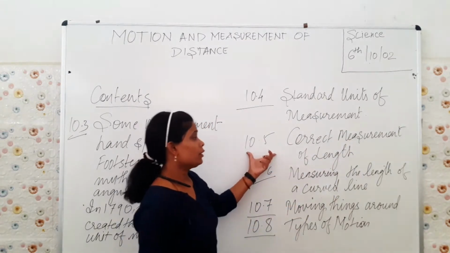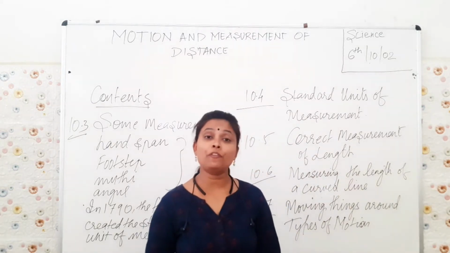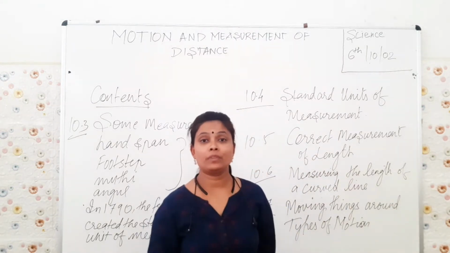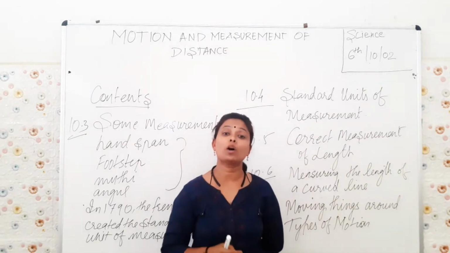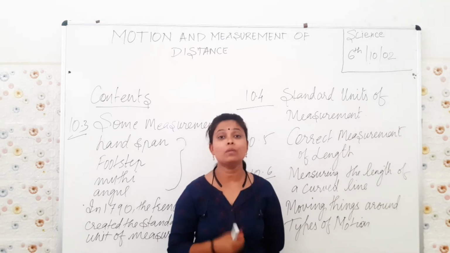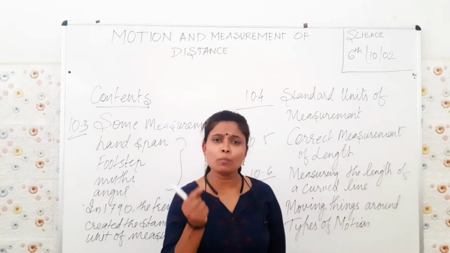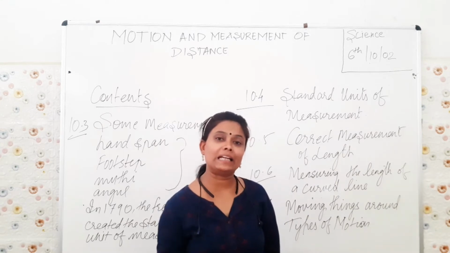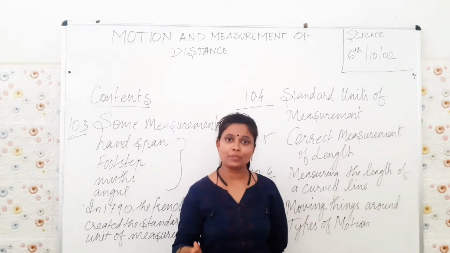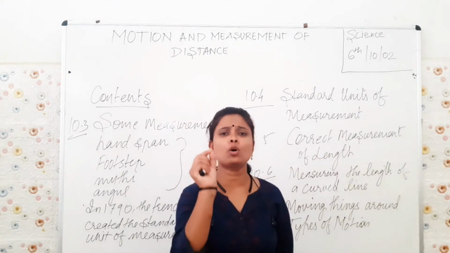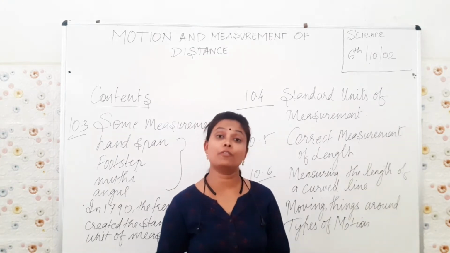Next, correct measurement of length. It is very important. If you make even a slight mistake in the length, suppose you are working in a laboratory which deals with pills, where medicines are prepared, and you make a mistake in adding any of the non-metals like sulfur or sodium, if a 0.001 mistake is made by you, you may have a problem.